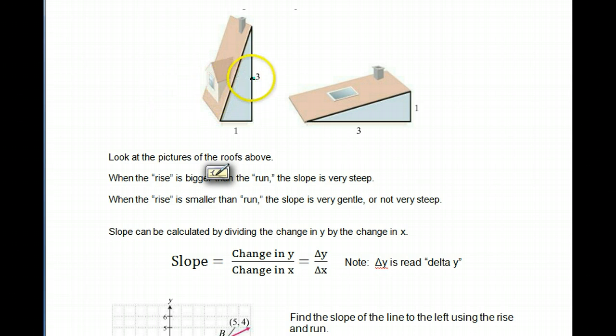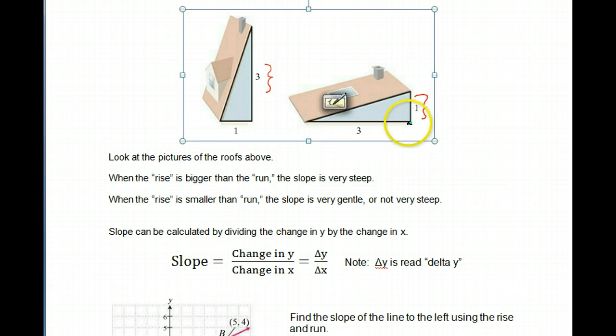That particular rooftop has a rise of 3, whereas the other roof on the right-hand side is not very steep because its rise, its vertical change, was only 1. When the rise is smaller than the run, the slope is very gentle. It's not very steep.